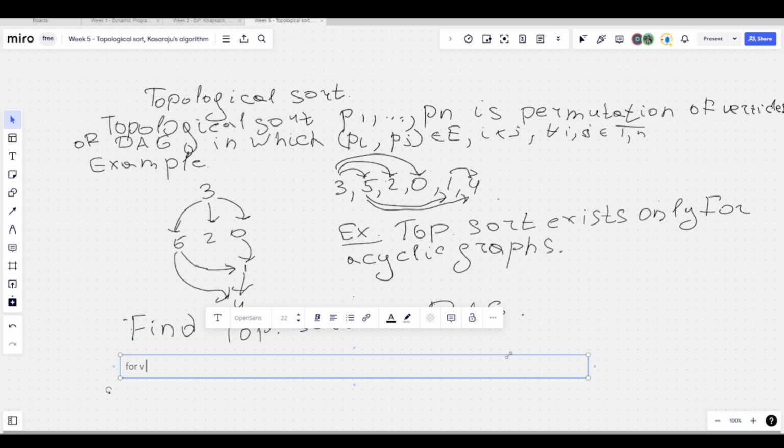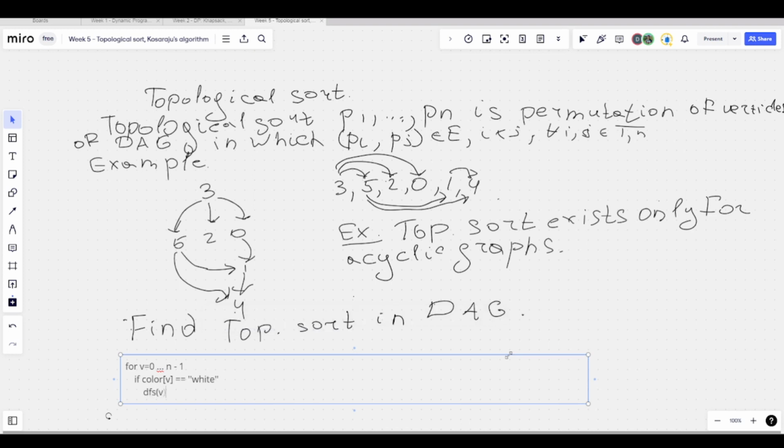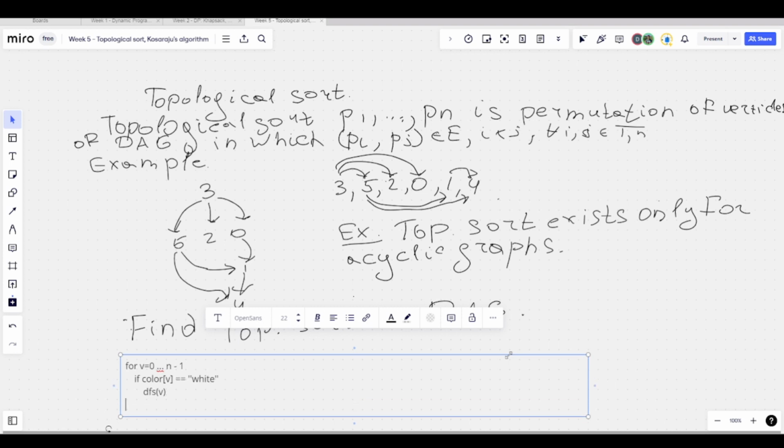We consider vertices of this graph, and if the color of A is white, we just launch DFS from this vertex.